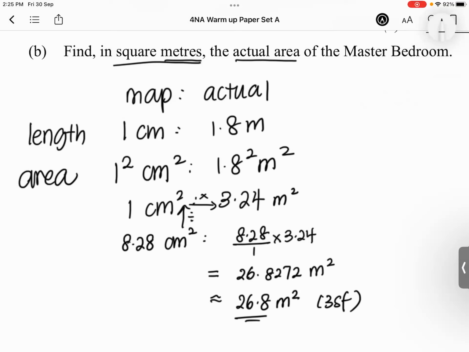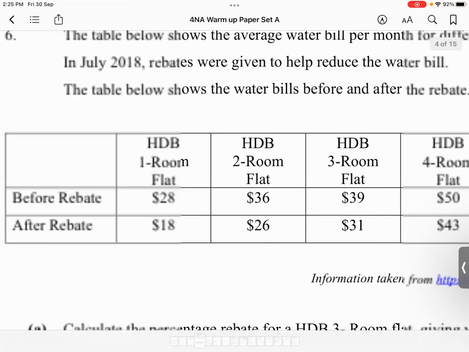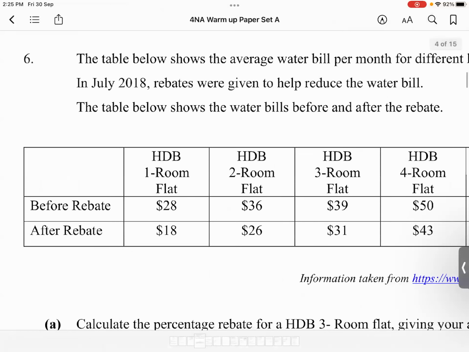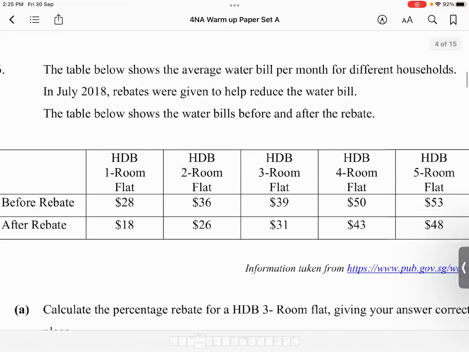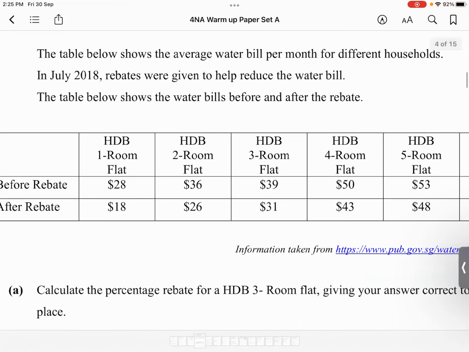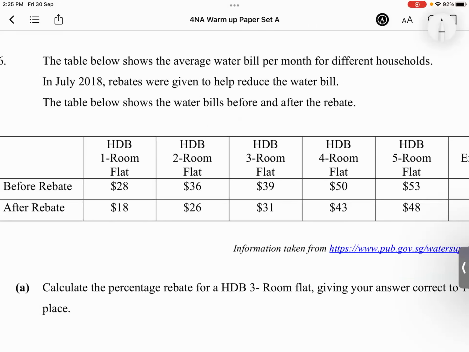All right, I'll move on to the next question, slightly more complicated because you need to read the tables. This one is a table for the average water bill for different households. In July 2018, there were rebates.